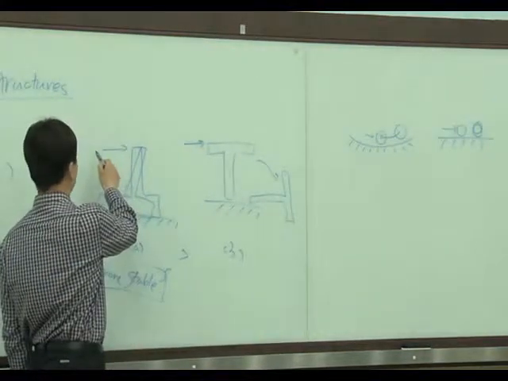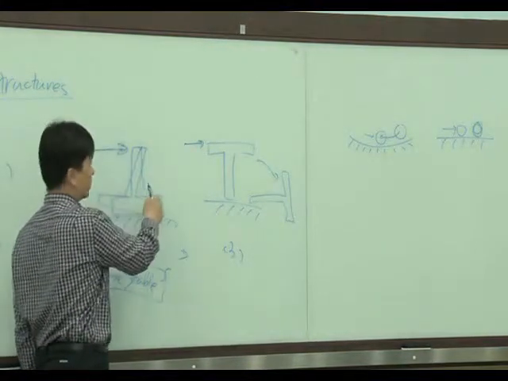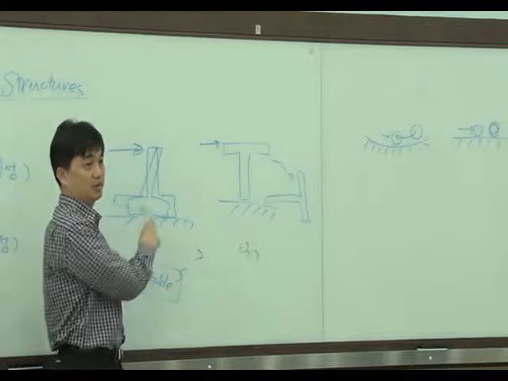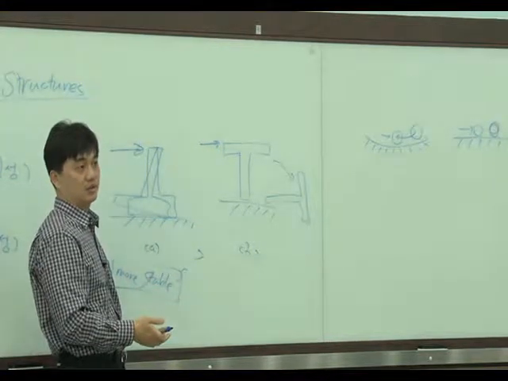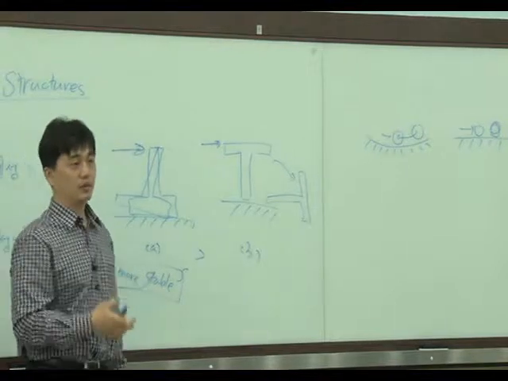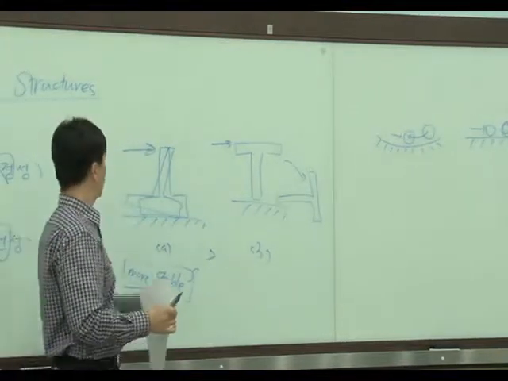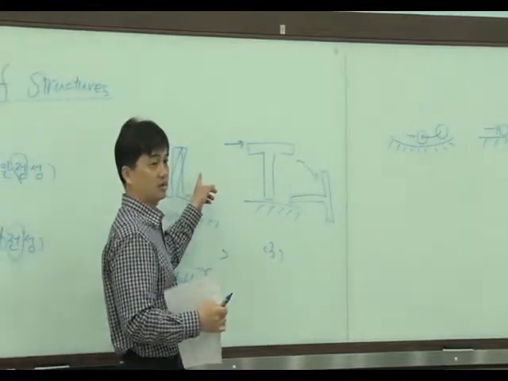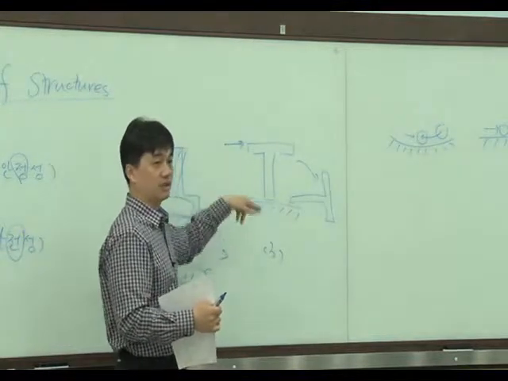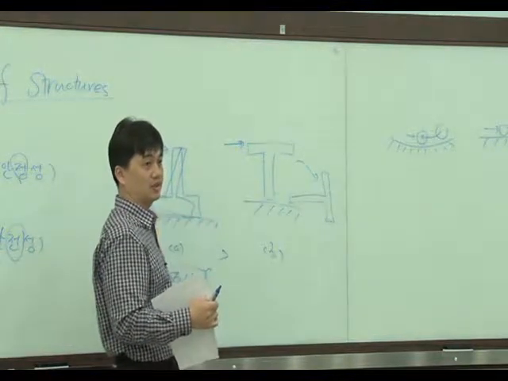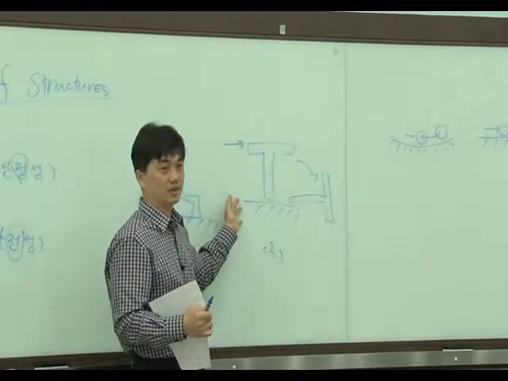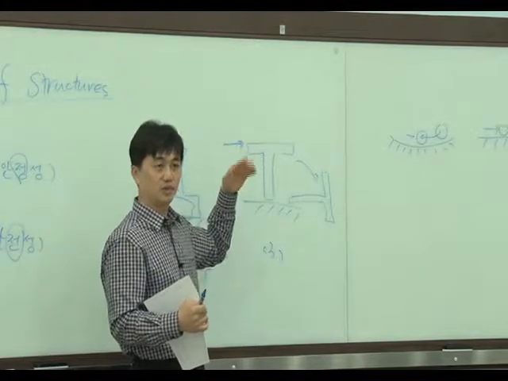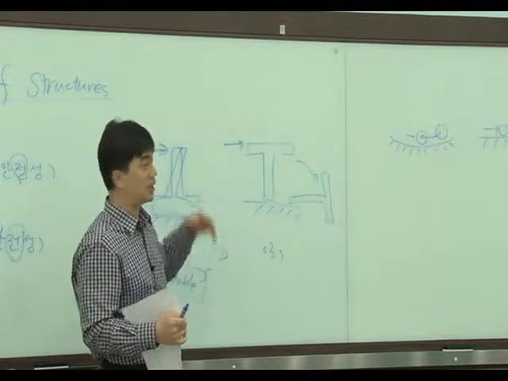Of course, if the load is very big, it can also fall down, but the level of the perturbation force is different. If the perturbation force needed to make this structure fall down is big, we can say this is stable. If it's small, it's not stable. So we can measure the stability like that.